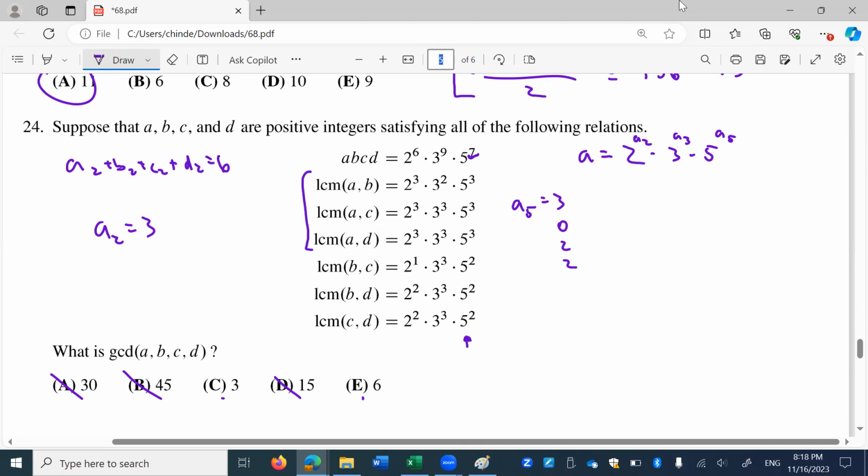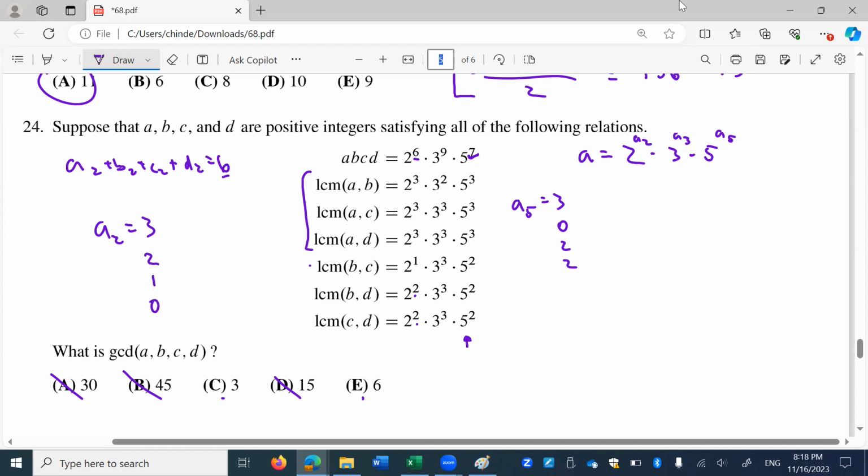Now knowing that the sum of the exponents is 6, right? And knowing that between B, C, and D, at least one of them is a 2. Well, one of them has to be a 2, and then between B and C, one of those exponents has to be a 1, and that's all 6.